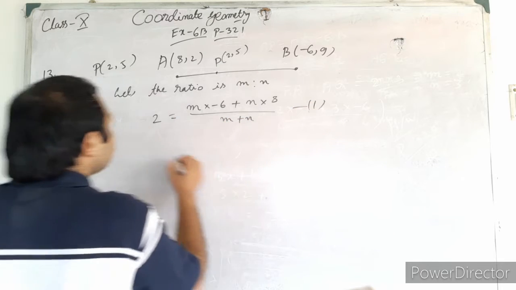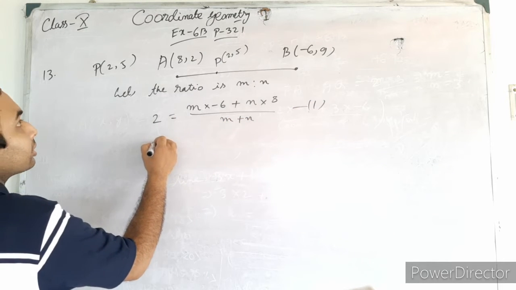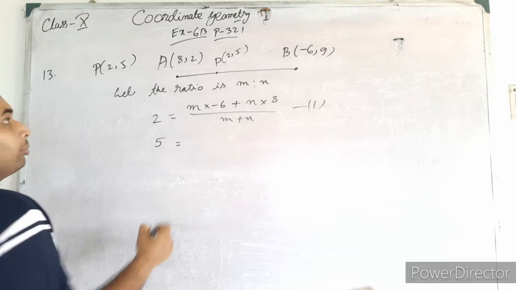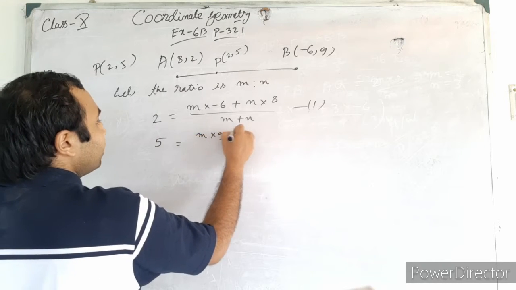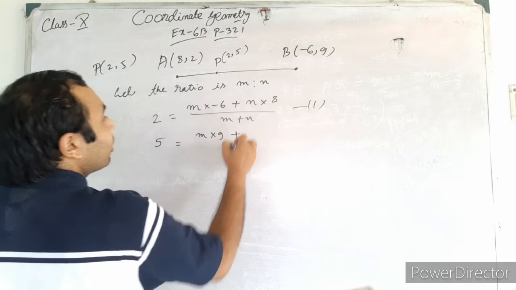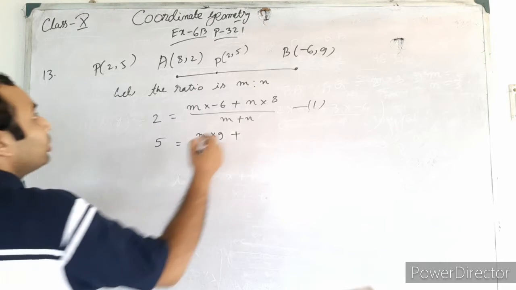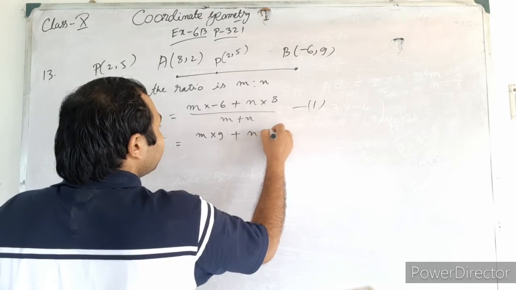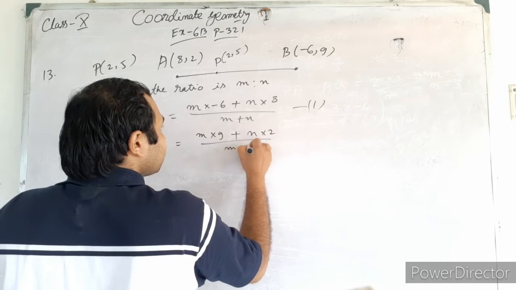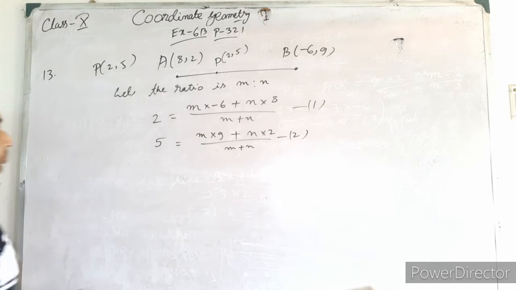This is equation number 1. Equation number 2: 5 equals (m into 9 plus n into 2) by (m plus n). This is equation number 2.